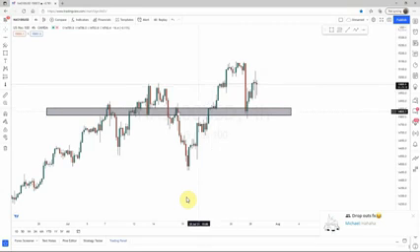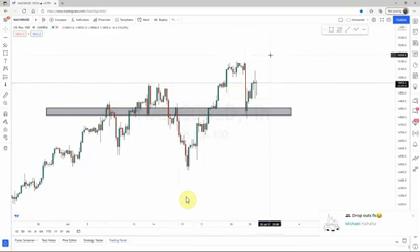So the same guys who had orders over here decided, listen, we'll keep our positions, and then we will push price down to collect these orders. But for now, we'll buy over here, because we know that at this level we'll come back down, collect those orders, and then push price even higher.